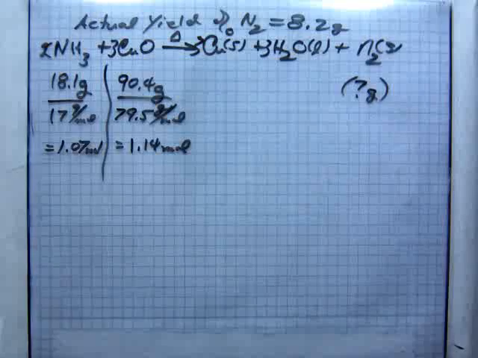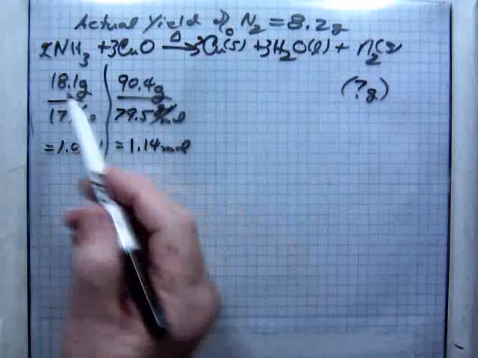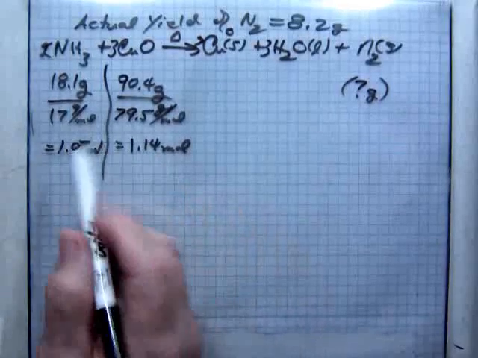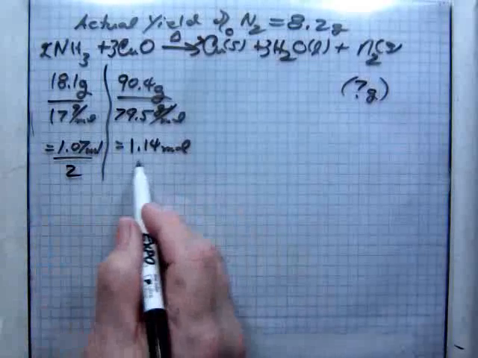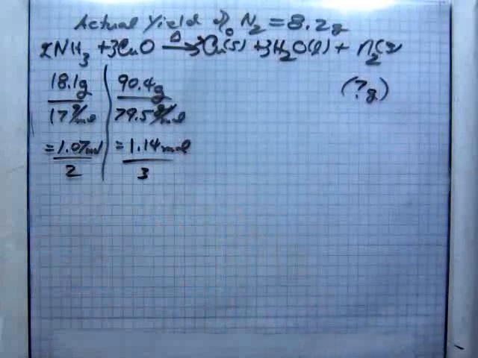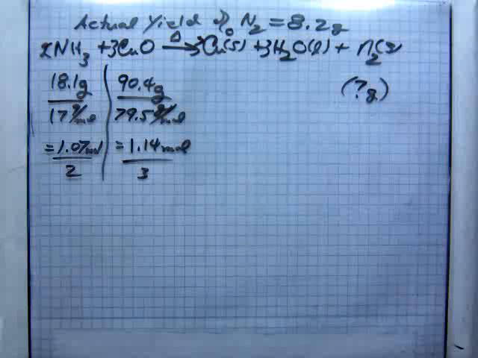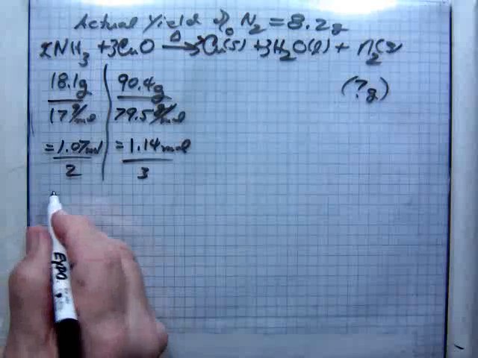Everybody good? All right. So now, given this, we want to divide this one by 2 and this one by 3. So that's divided by 2, that's 0.53.